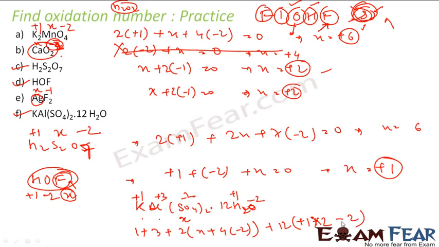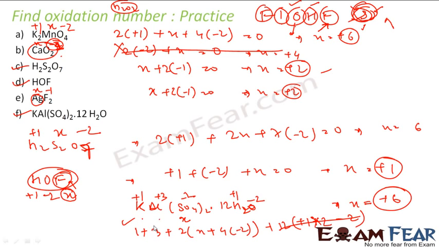So 2 into plus 2 minus 2 is 0, so this is 0 anyway. So you solve this, you get X. 2X minus 16 becomes minus 4, so 2X is 12, and X becomes 6. This is my value of sulfur.